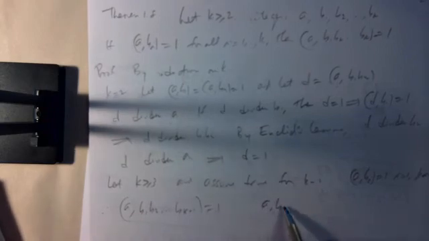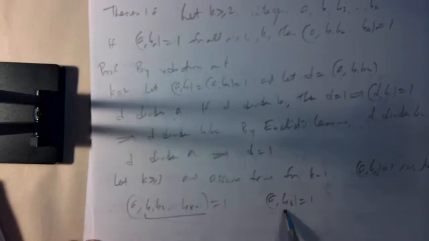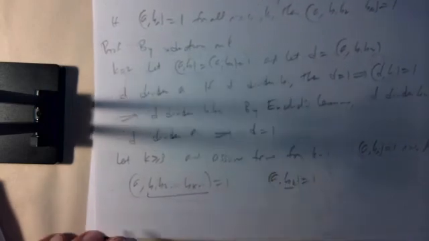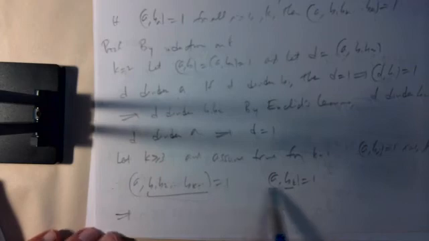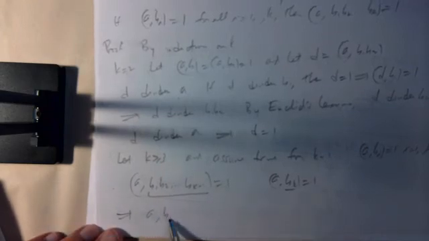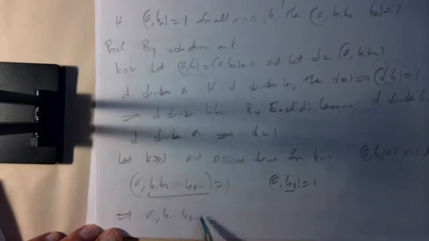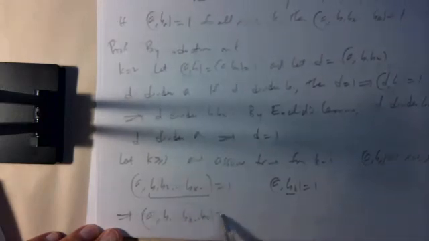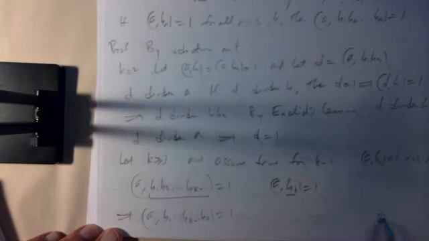But we also know that A and B_K are relatively prime. This is one number, this is one number. The theorem is true when you have two numbers. That was the K equal 2 case. So the gcd of A and the product B1 up to B_(K minus 1) times B_K is equal to 1. So that's the proof.